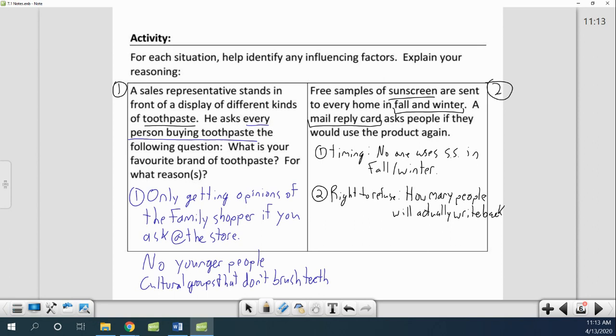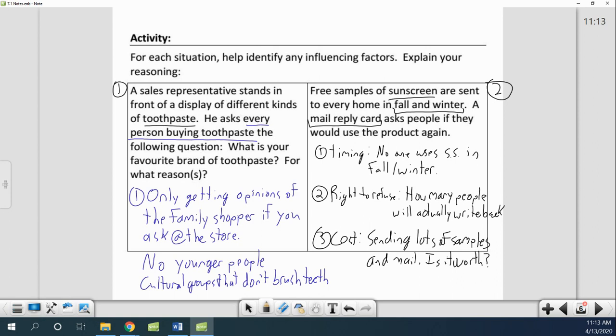You know what? We can add a third one to this. The cost. You're sending lots of samples in the mail. Now, I don't know the answer to this question yet, but is it worth it? Who knows? So you've got three reasons why this is a real bad one here.